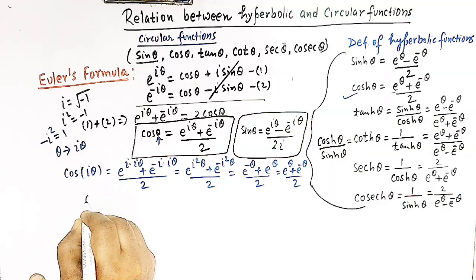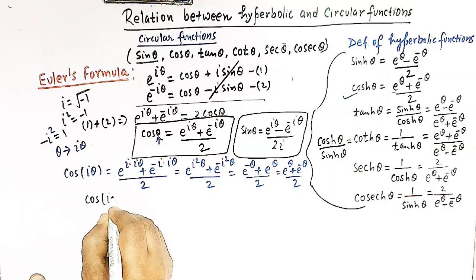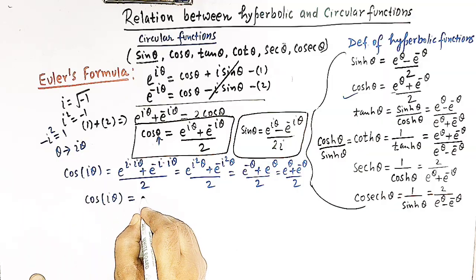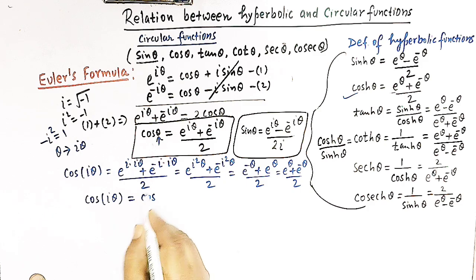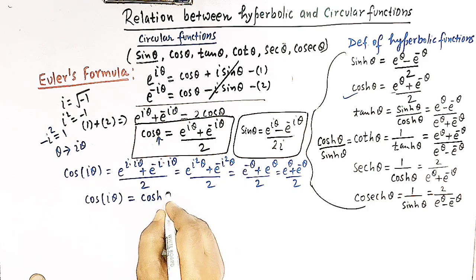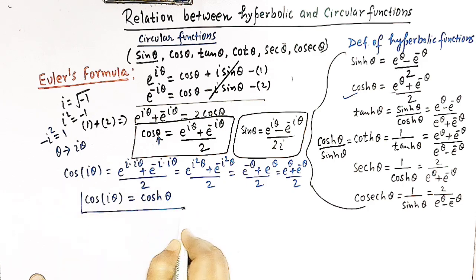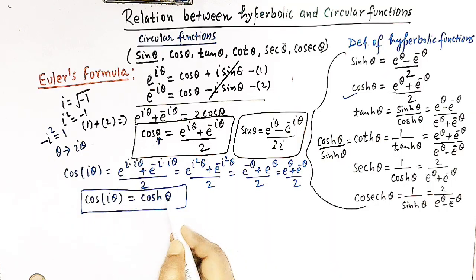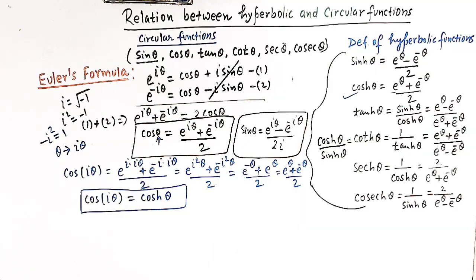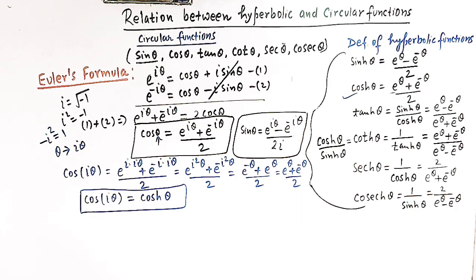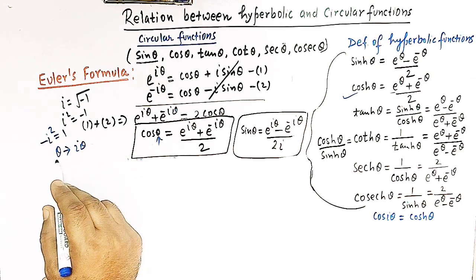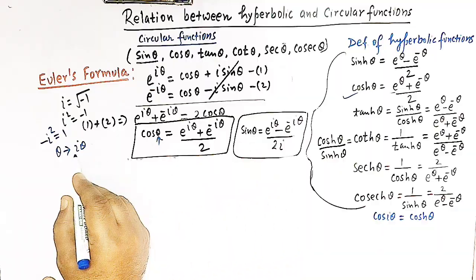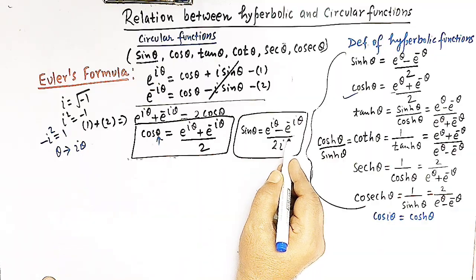So now cosine i theta is equal to the hyperbolic cosine of theta. This is the relationship between the cosine of i theta and the hyperbolic cosine of theta. So now let us replace theta by i theta in this expression.